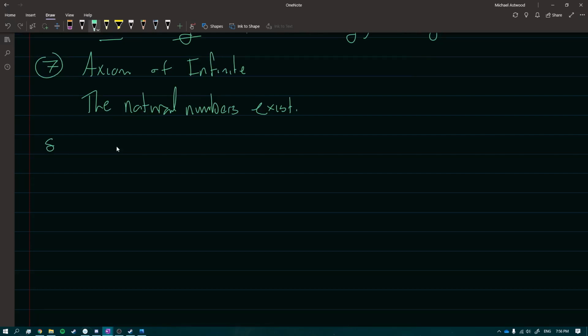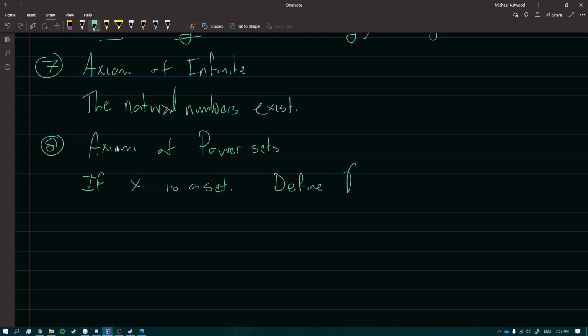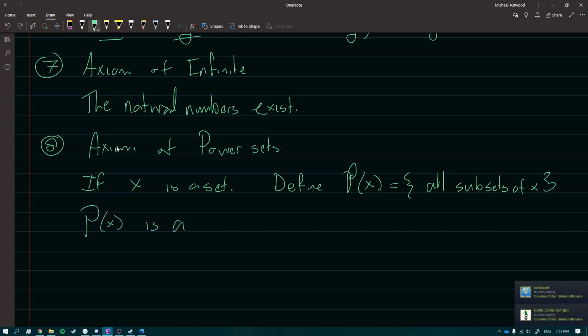Another one that's useful, the axiom of power sets. So if x is a set, define the power set P of x, which is the set of all subsets of x. Then the power set is a set.